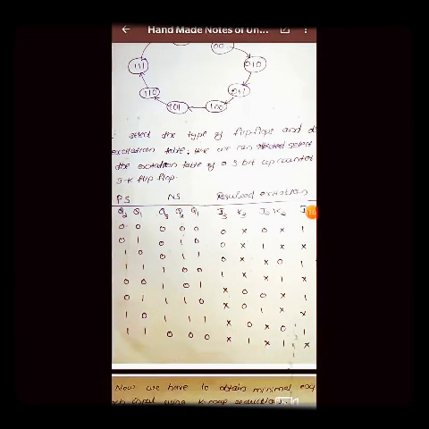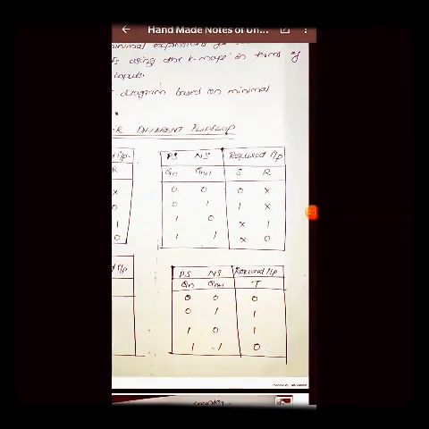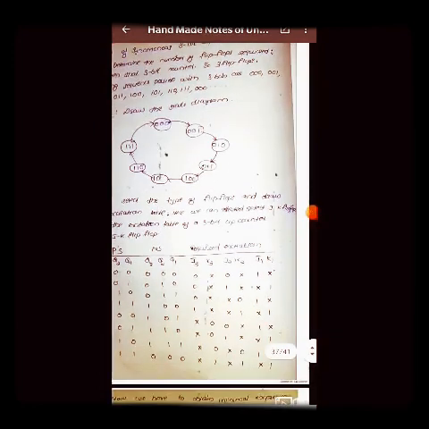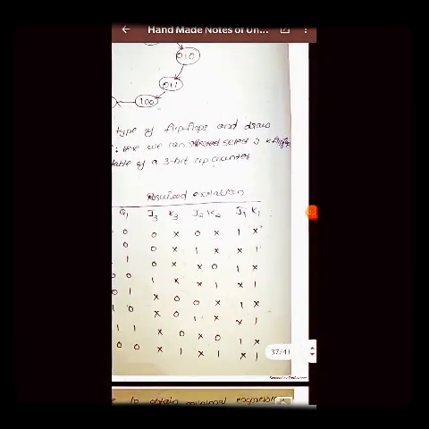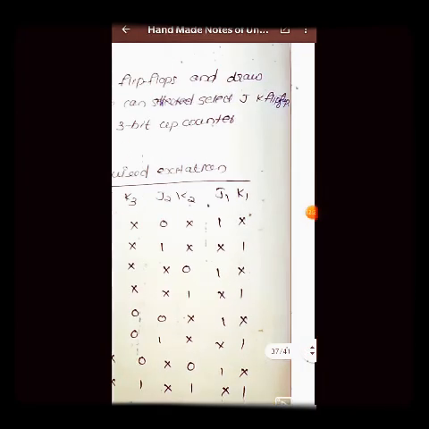So the values are 0 and 1. So we can see from this table what the SR values, JK values of 0 and 1 are. It should be 1 and cross. So you can put this value here: 1 and cross. The value of J1 and K1 is 1 and cross.